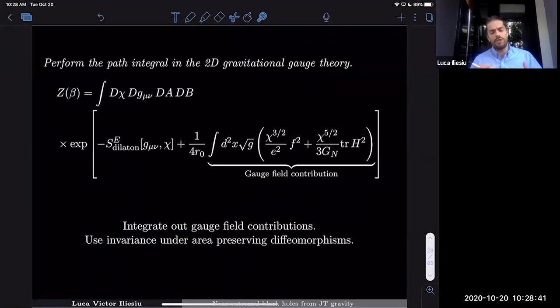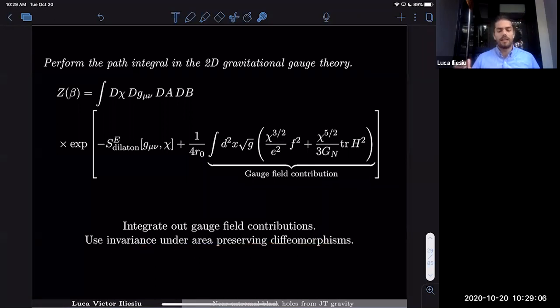So what can we do? Well, one thing that is nice in 2 dimensions is that in principle, we can integrate out our gauge fields exactly if we neglect the contribution of the very massive Kaluza-Klein modes. That's because in 2 dimensions, gauge theories have a property, which is that they are invariant under area-preserving diffeomorphisms.